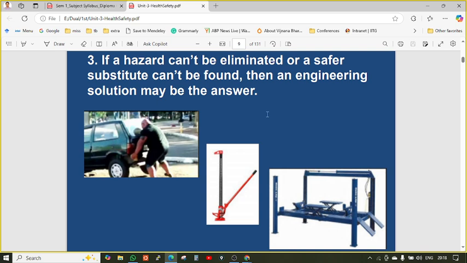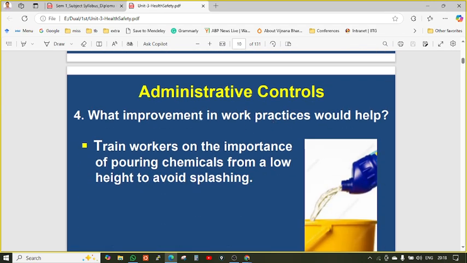If somehow that is also not possible, you cannot eliminate, you cannot substitute, and there is no other equipment available, then what can you go to? Administrative control. The fourth thing is called administrative control. Administrative control means that people are trained for the work.